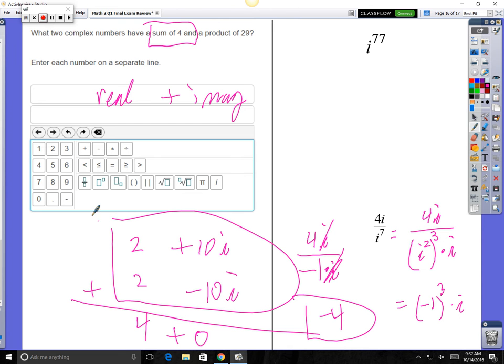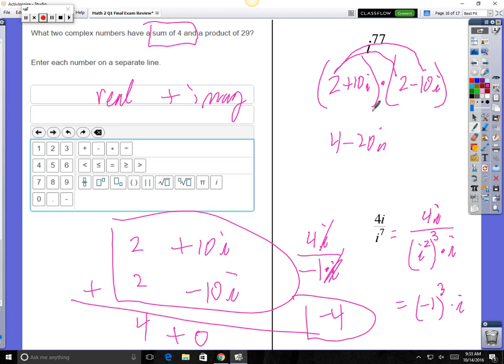So let's look at what I just chose. If you do 2 plus 10i, and you times that by 2 minus 10i, so now if you times them, 2 times 2 will give you 4. 2 times a minus 10i is a minus 20i. And 10i times 2 is a plus 20i.